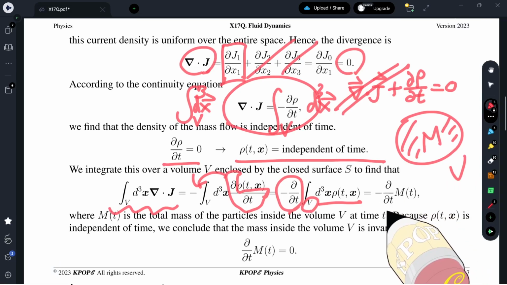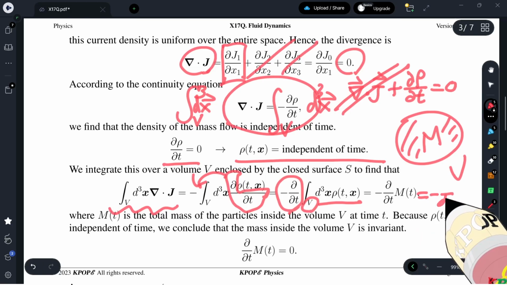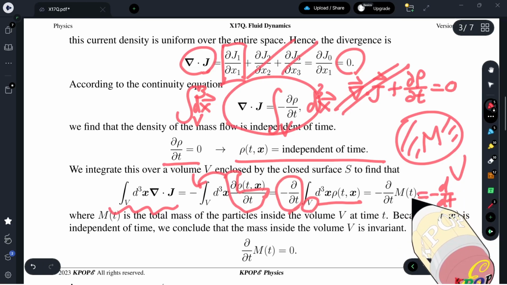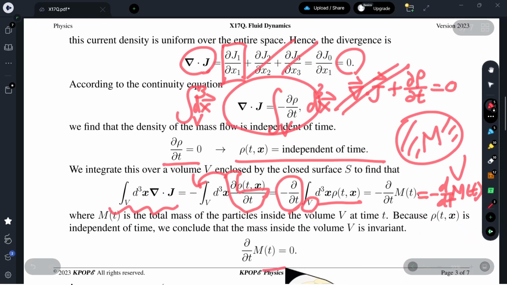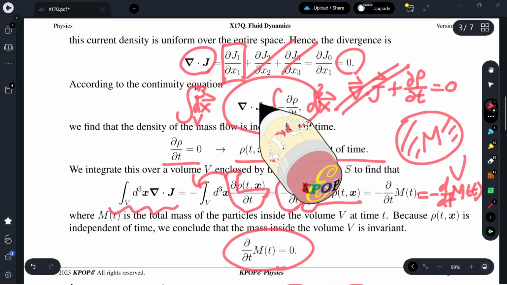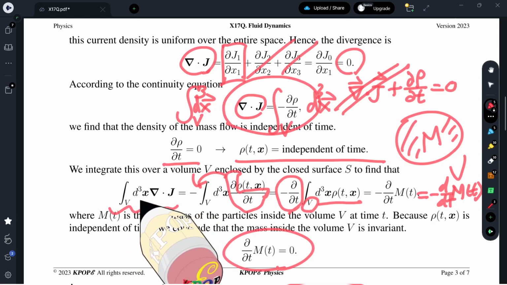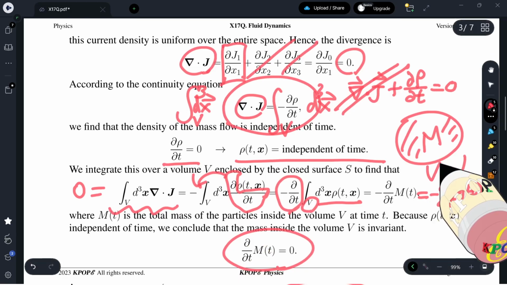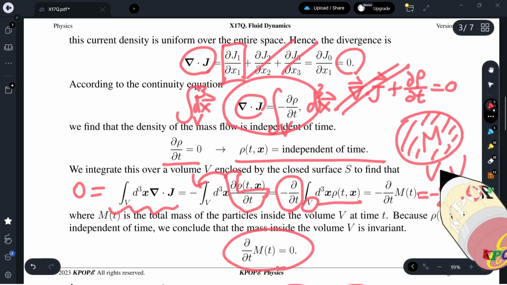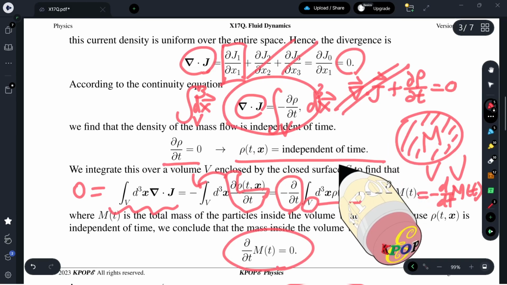Now its partial time derivative is the total time derivative because this m is independent of position. So what we obtain is, because divergence J is 0 all over the space, it is vanishing. As a result, mass inside the volume is time independent, so the time derivative of this mass is 0.